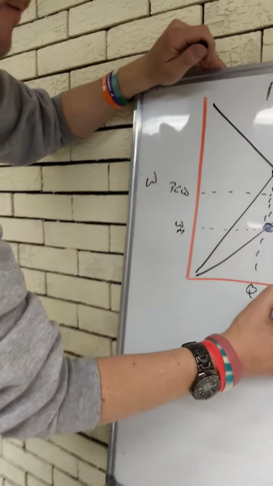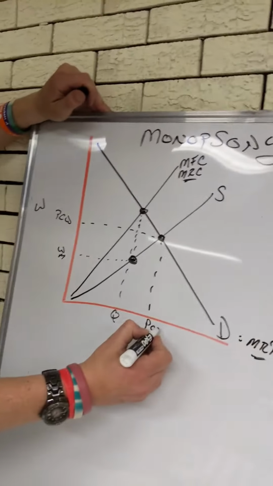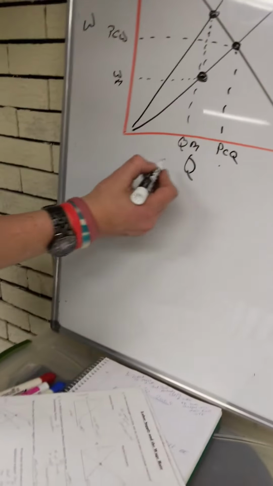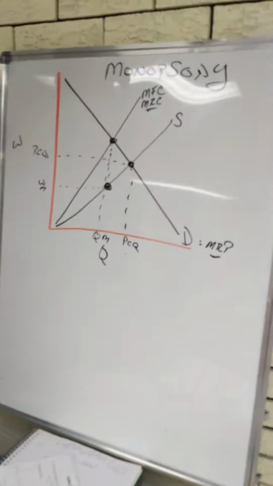Perfectly competitive labor quantity here, monopsony quantity. Okay, so again, just think about it, guys. Monopoly, higher price and lower quantity than in a perfectly competitive market. Here, lower quantity of labor at a lower price.